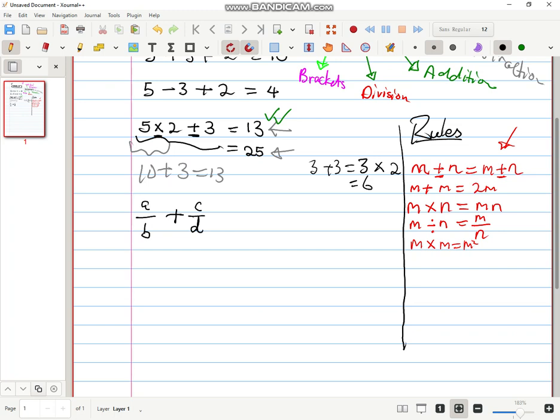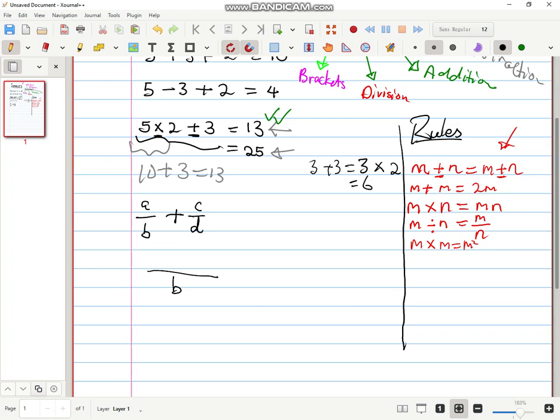So the way that we're going to solve this, first of all, we're going to multiply the denominators, and we put them in the denominator.